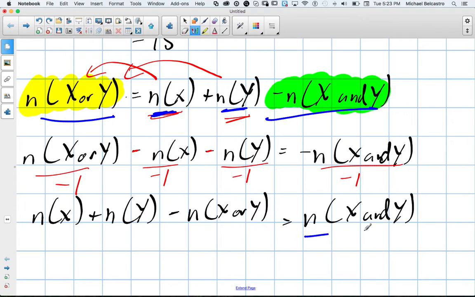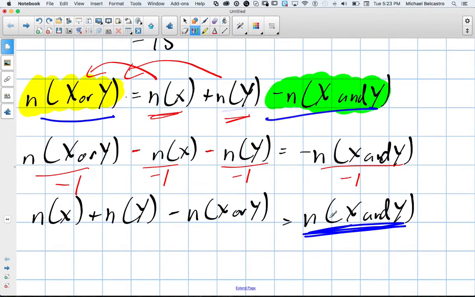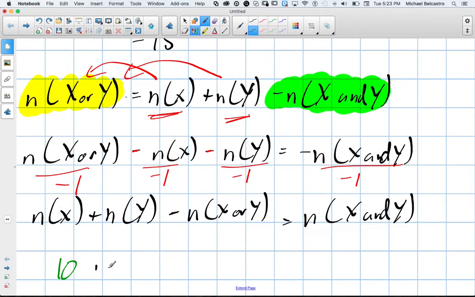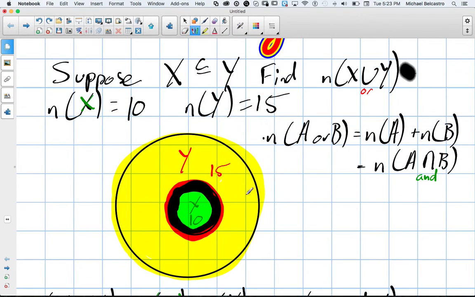So let's say they want to find x and y. Well, if it's a subset, we can do the exact same stuff. All the units of x we already knew was 10, plus all the units of y we already knew was 15. And what was our OR? Well, we were able to calculate our OR. The OR is the part that's outside of this middle, so the OR is the 15.